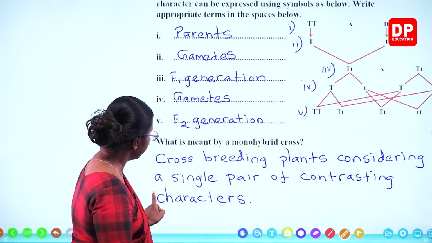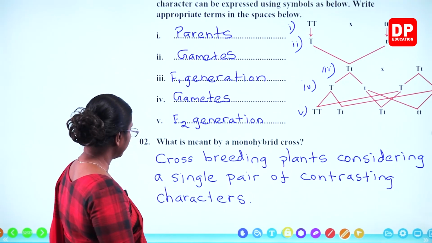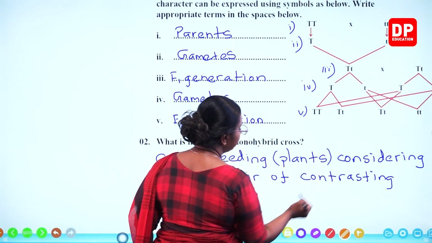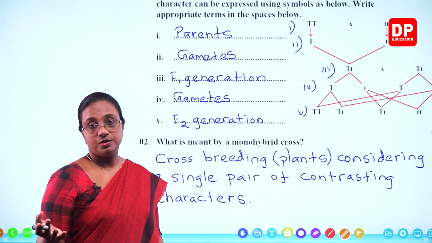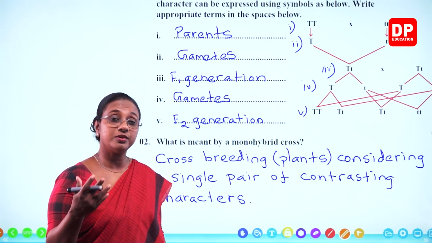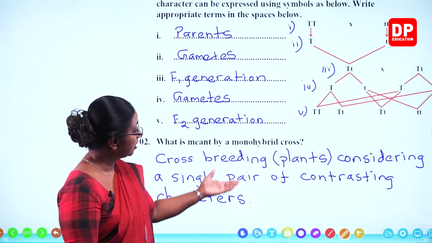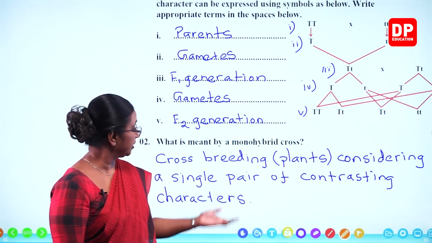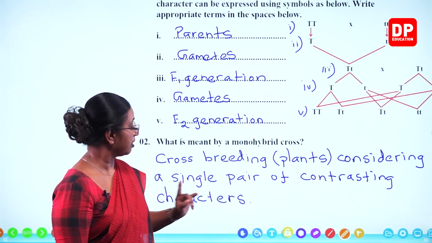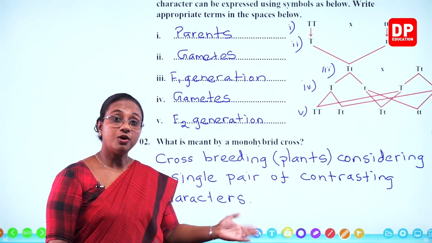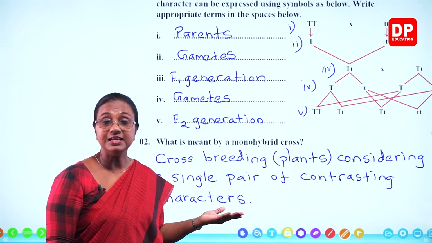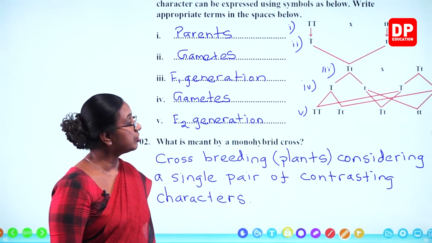So monohybrid, a single pair, that is the important thing. So here crossbreeding, you can even leave this term plants because it's common to all organisms, but here Gregor Mendel has done all experiments using the garden pea plant. So it is a monohybrid cross, crossbreeding considering a single pair of contrasting characters. Tall and short, round and wrinkled, white and purple, so contrasting characters. So that is a monohybrid cross.